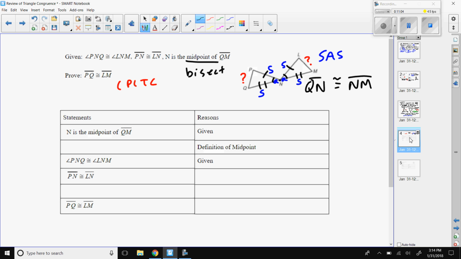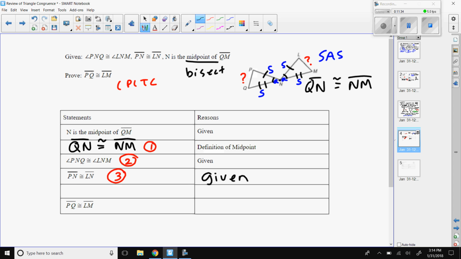So starting off with the proof, we have N is the midpoint of QM. This is where we're going to have QN congruent to NM because of the definition of the midpoint. This is the first thing. Remember, I need three things to prove a triangle congruent. And then I was given that these two angles were congruent. I'm also given that these two side lengths are congruent, so this becomes given as well.